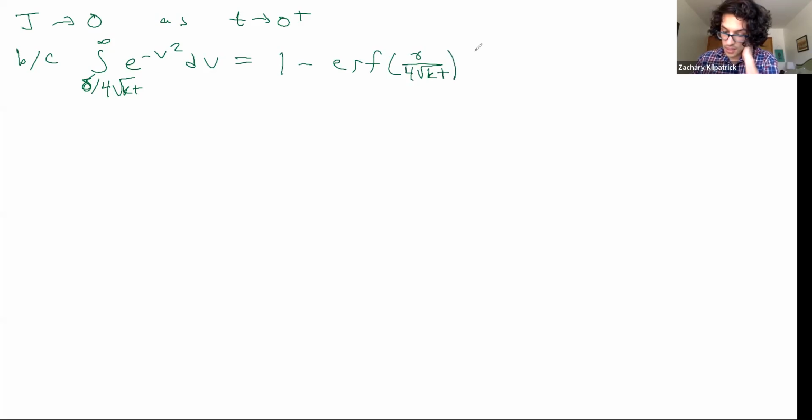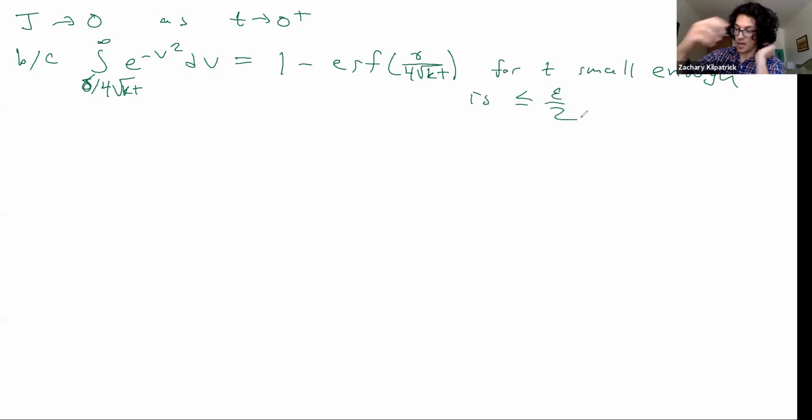And this is basically going to be, for t small enough, less than or equal to epsilon over 2, okay? So as long as x minus x0 is less than gamma over 2, okay?